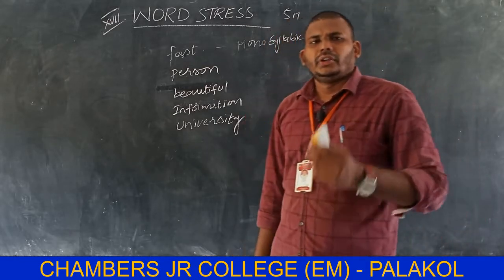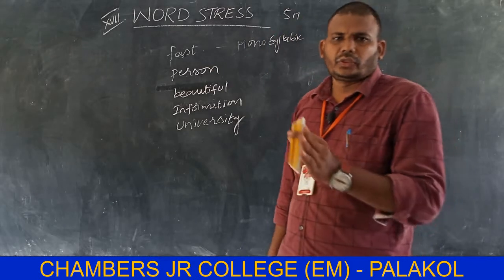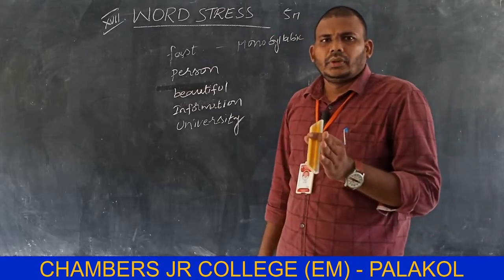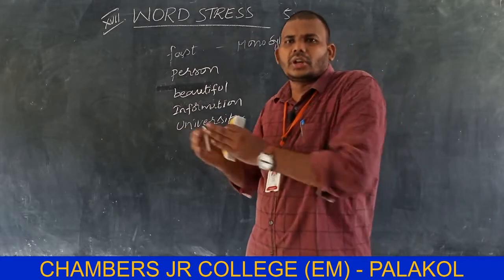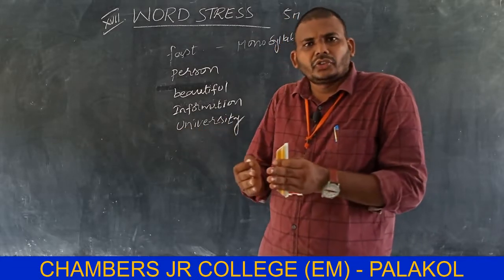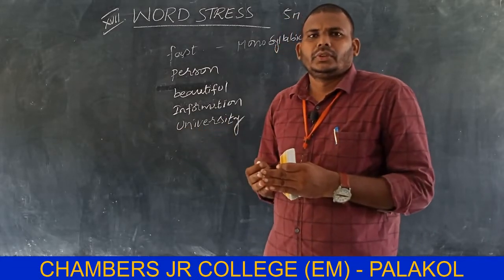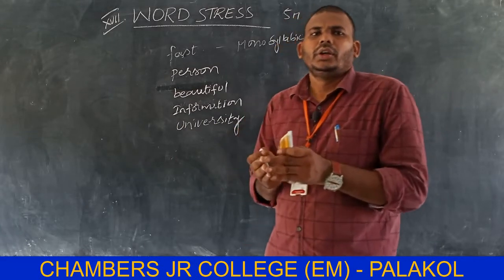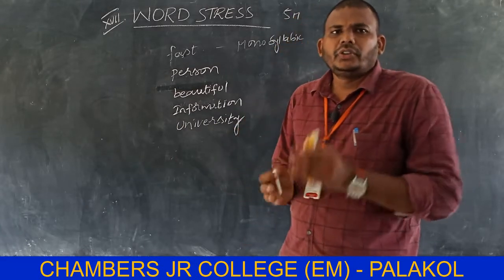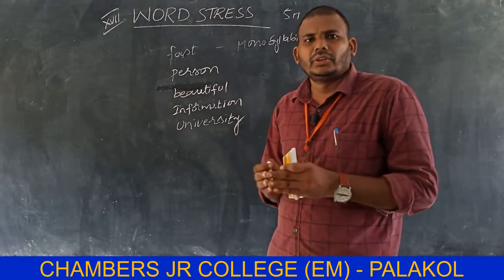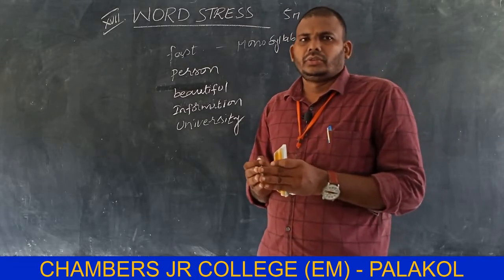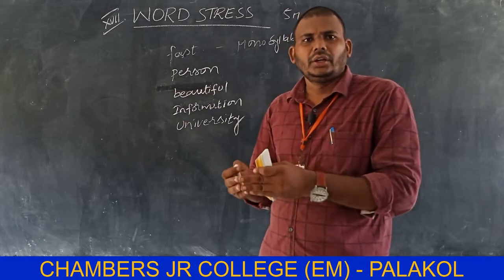Okay, right. A syllable is a unit of sound which has a vowel sound as its essential part, as its nucleus. Such units are called syllables. Words in English are formed of different numbers of syllables: mono, di, tri, poly.